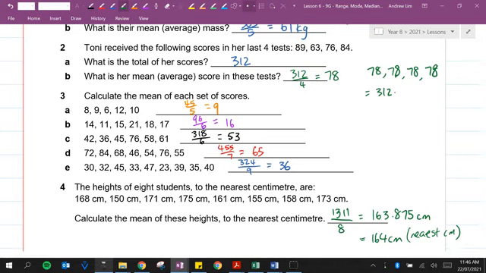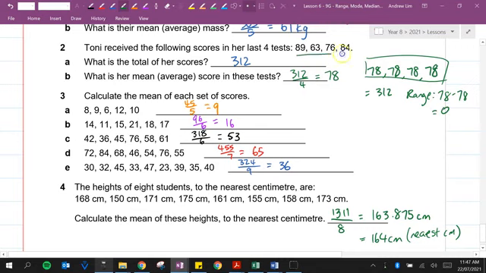But we can see that the range of this one, range is highest minus lowest, or 78 minus 78, which is 0. Whereas the range in this is highest minus lowest, which is 26. We can see that's a lot more than this one. So we can see that according to this set of data, she is more consistent.